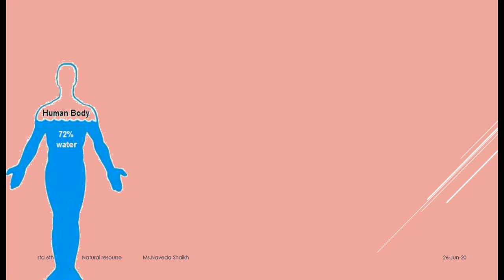Now, as we learned that we require water for so many different activities outside, our body also requires water in a very large amount. Our body and most living organisms' bodies are mainly made up of water. The blood in your body is also nothing but water along with other components.